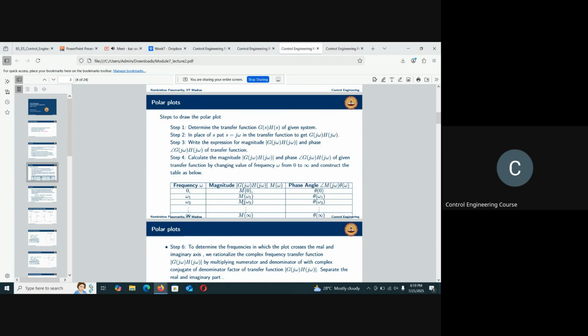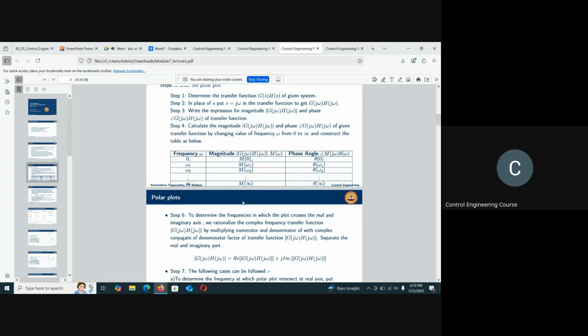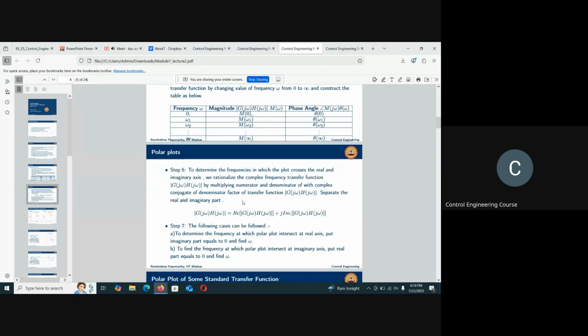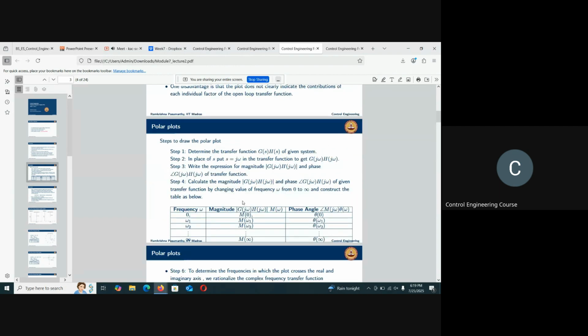How that point in the complex plane, which includes the magnitude and the phase, moves as omega moves, that is called the polar plot. So in polar plot, the magnitude information and the phase information are simultaneously visible, whereas in the Bode plot, you have to extract it separately from two different graphs.